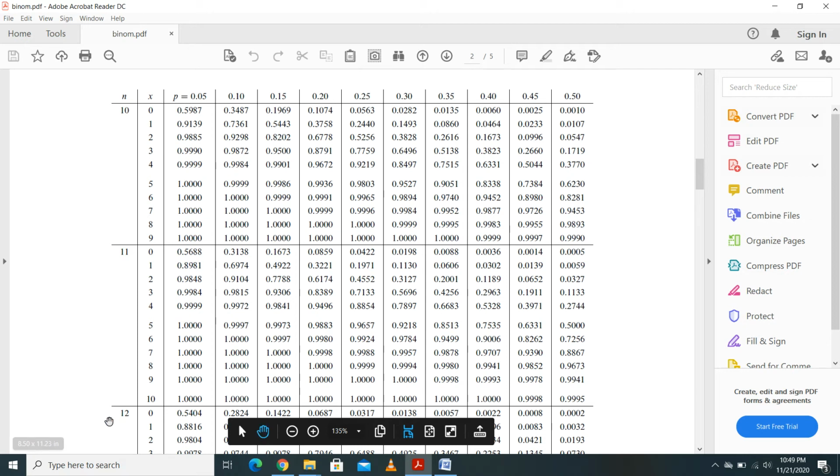So this is our sample size, and then we have 2 successes. So here you have to read 2 from this side, and the proportion is equal to 0.4. At the intersection point we can read out the probability, because this is the cumulative binomial distribution.